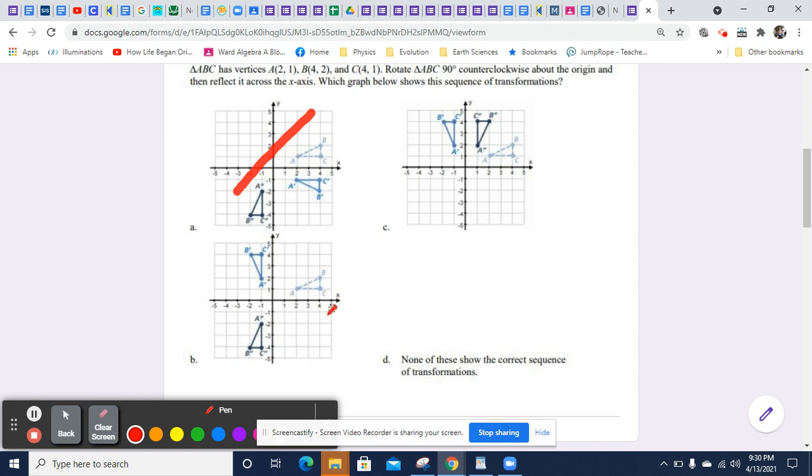When Y changes signs, you're doing a 90-degree rotation clockwise. So this is counterclockwise, going this direction, and then it flips over the x-axis. This one does a 90-degree rotation counterclockwise, but then flips over the y-axis. So this one is the winner.